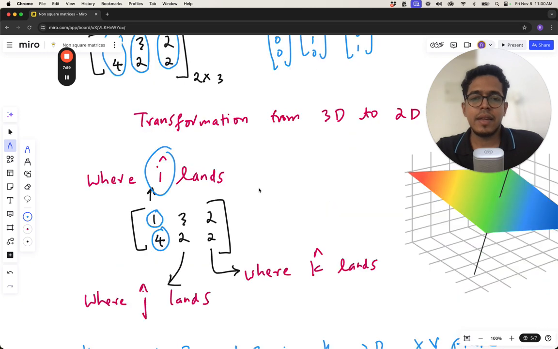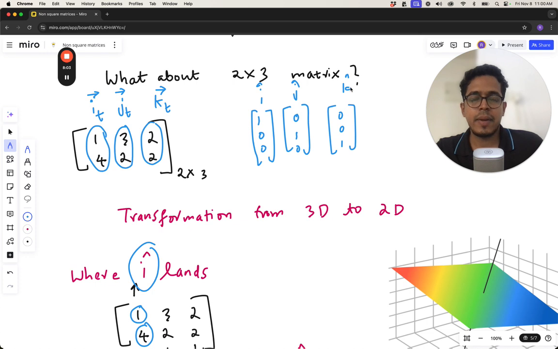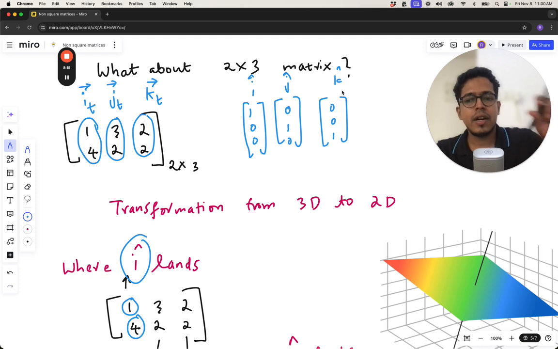And here the interesting thing to note is that the original 3 vectors i cap, j cap, and k cap could span the entire 3D space. But after transformation, these 3 vectors belong to the xy plane. And one of the three vectors can be represented as a linear combination of the other 2 vectors.